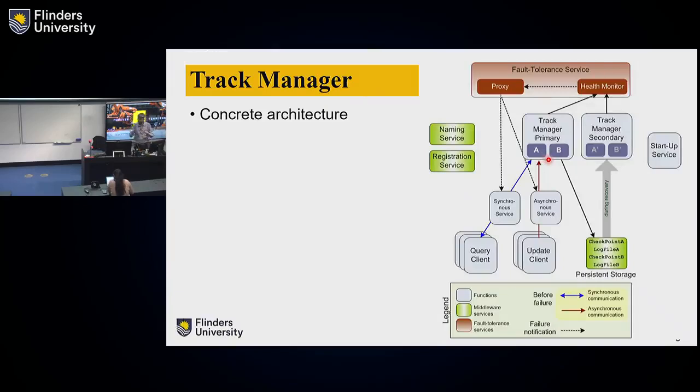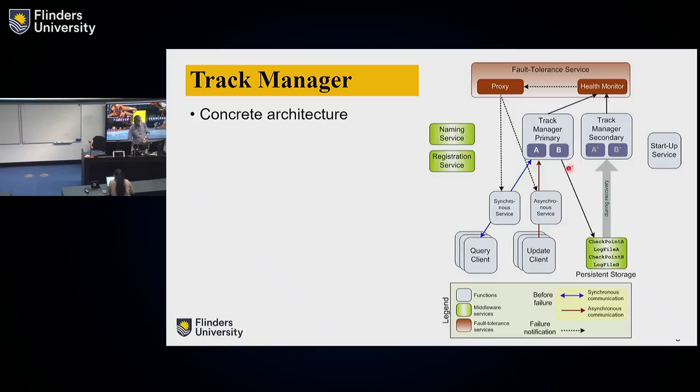This again increases performance, because we cannot hold these requests in a queue for a long period of time. And if this Track Manager fails, we have another instance. That instance may be a mirror, or if it is not a mirror, we have the information about the state of the Track Manager saved in secondary storage.